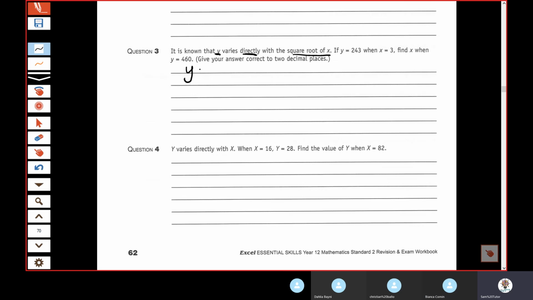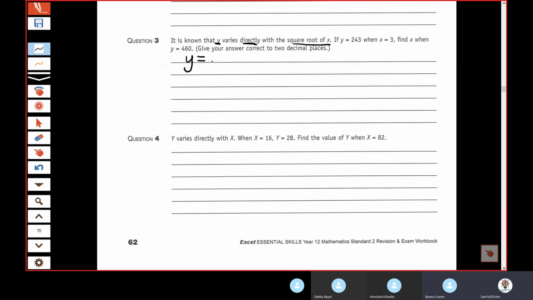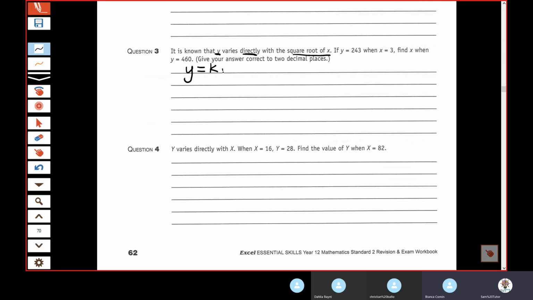Is it just square root x in the thing? So tell me, y equals. Say it, because you're right. You're just not hesitating. Y equals square root x. You missed something. Go back to your notes. You'll realize you missed something. Oh, k. Yes, bingo. Y equals k root x.